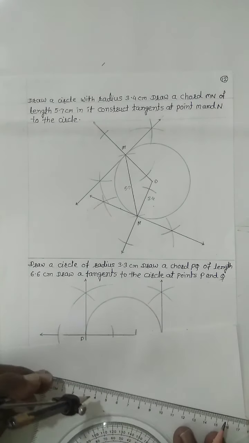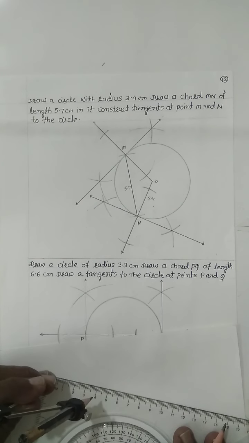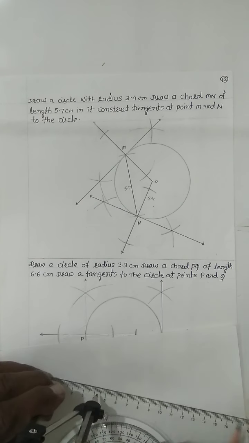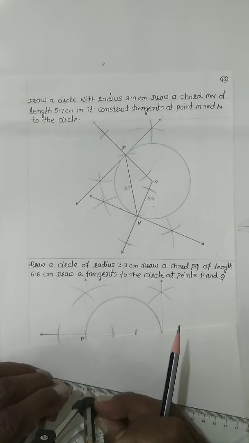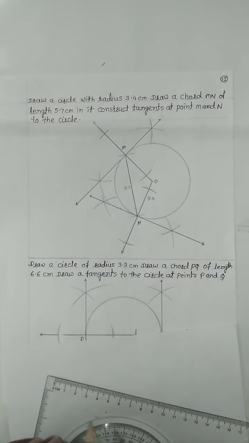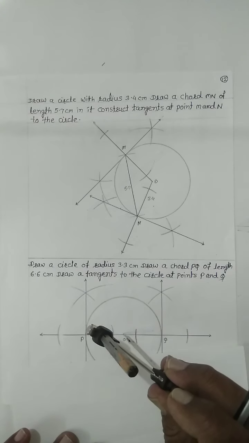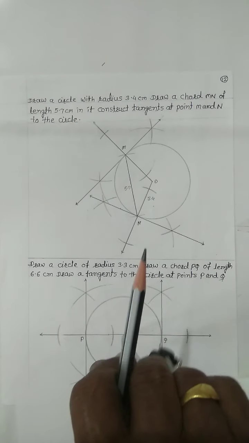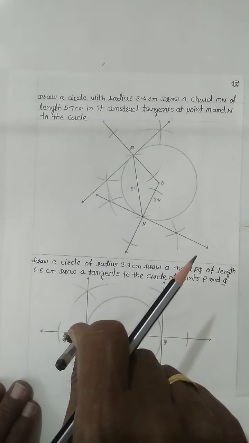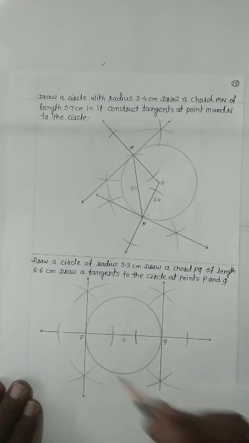Firstly take the distance between the two terminals as 3.3 cm and draw the circle. In this way we draw the circle having radius 3.3 cm and center O.